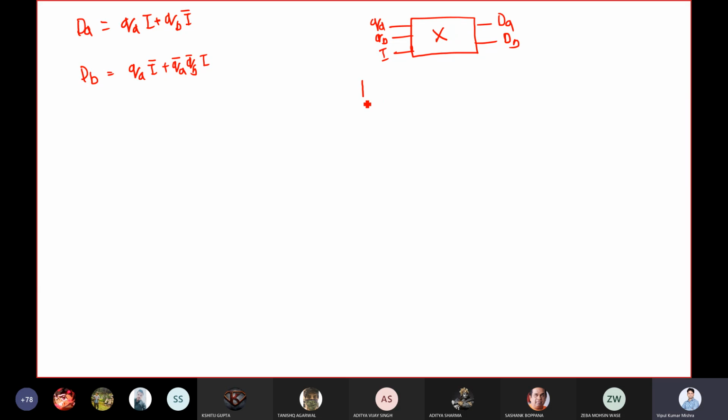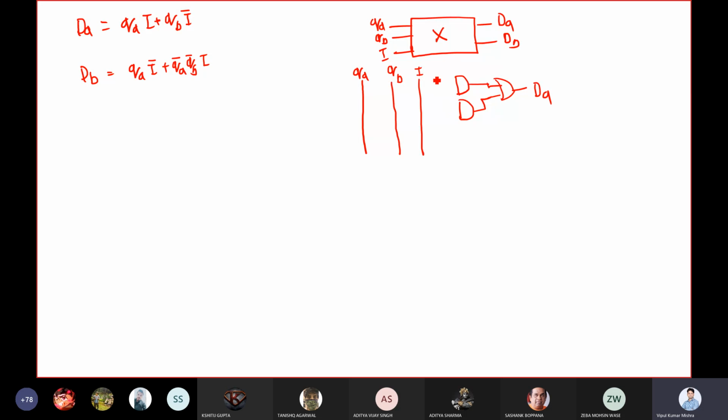We have QA, we have QB, and we have I. For the first circuit, I need two AND gates, one AND gate and a second AND gate. These two will go into the OR and you will get DA.